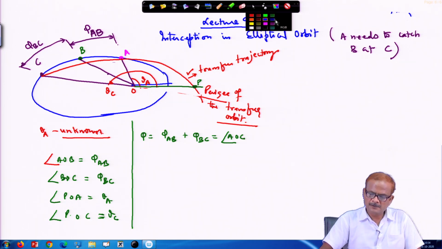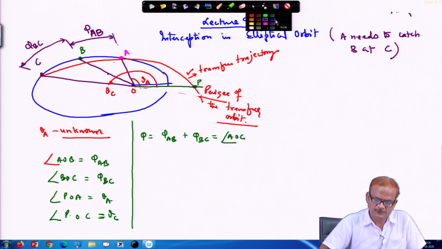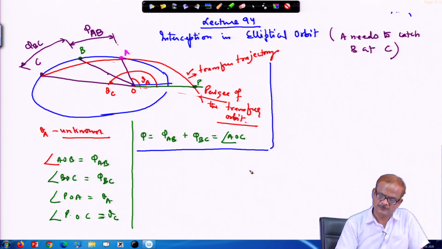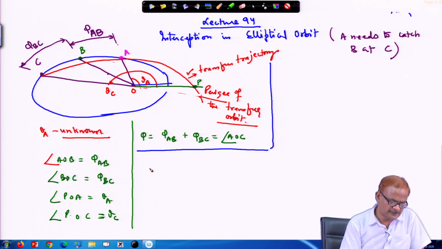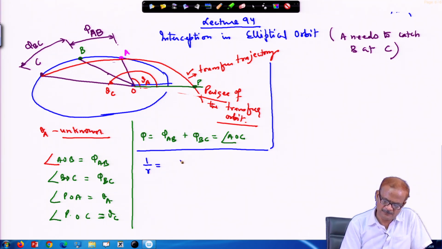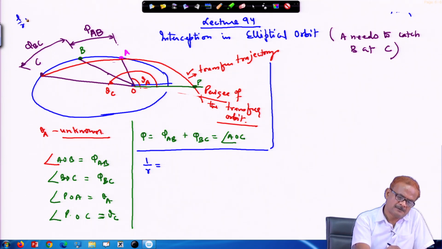Now, we need to recall what I have done earlier for two non-tangent bond, how the satellite transfer trajectory is to be decided. That information we need to use here. So, let us write L by r equals 1 plus e cos theta.